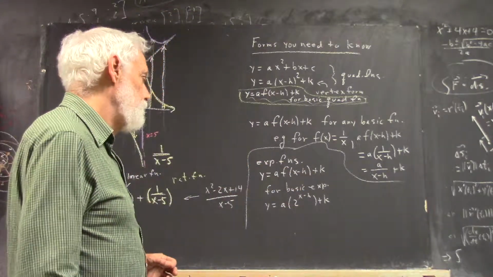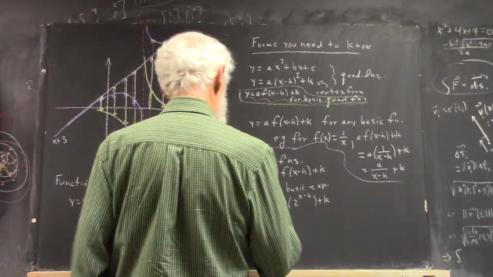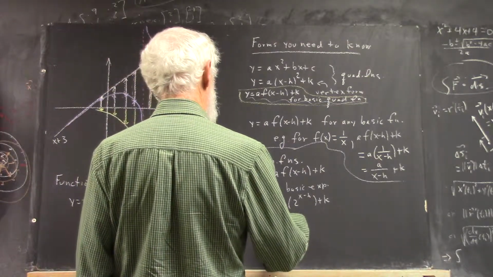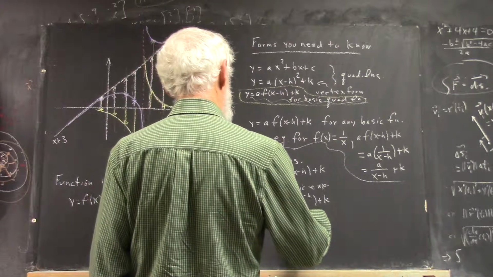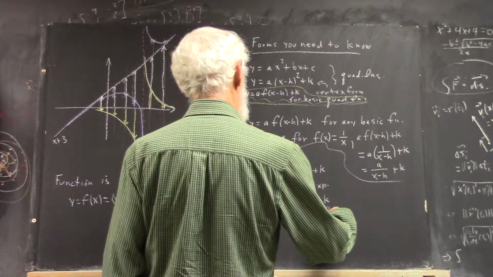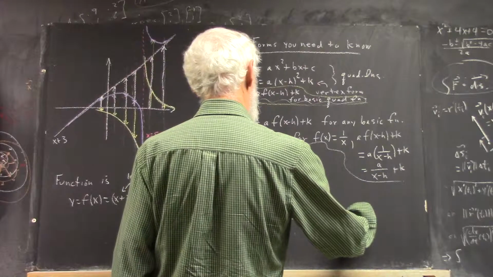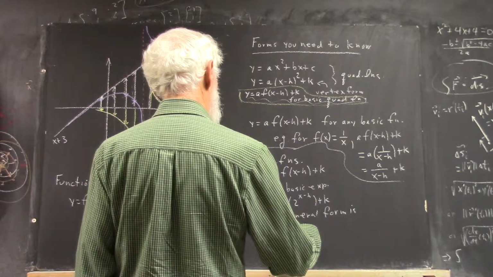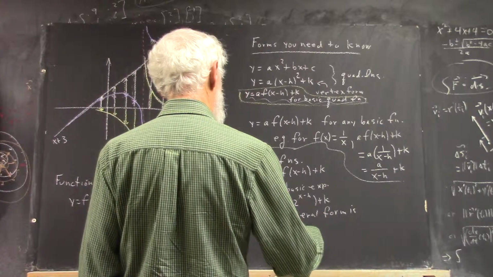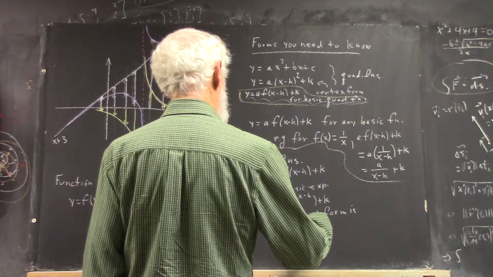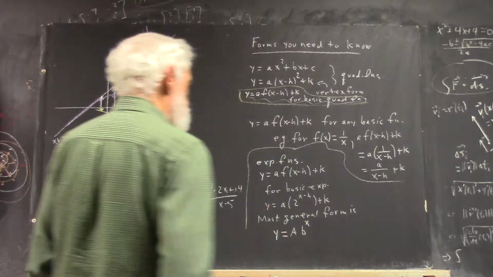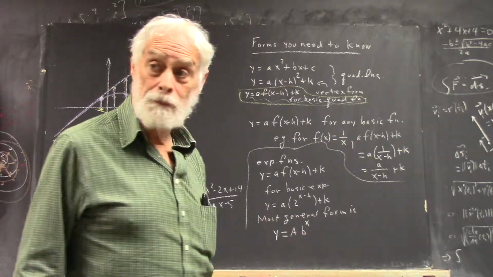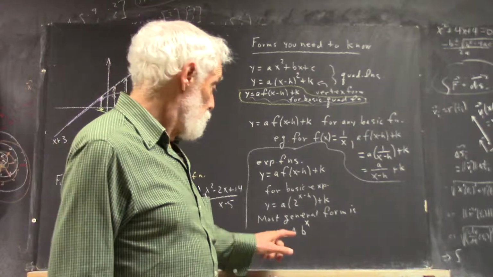However, the most general form is y equals a times b to the x. There are only two parameters.